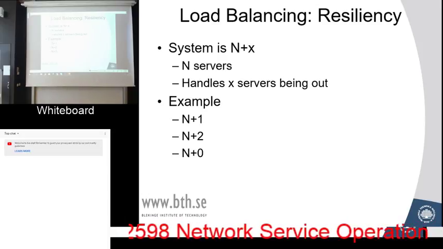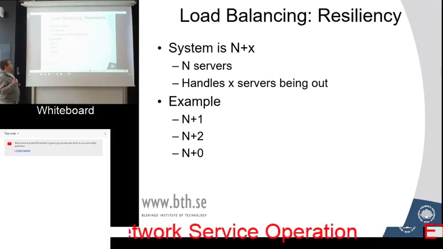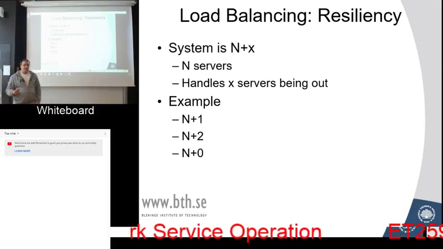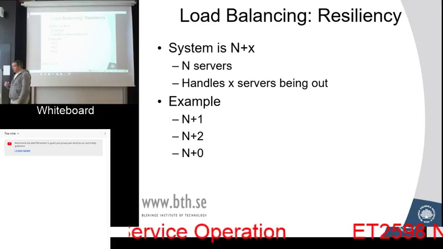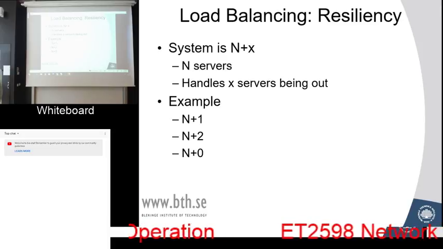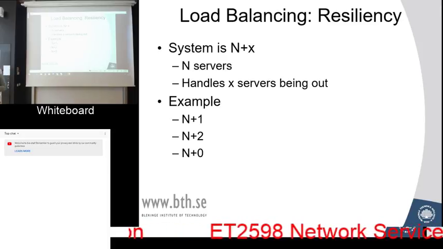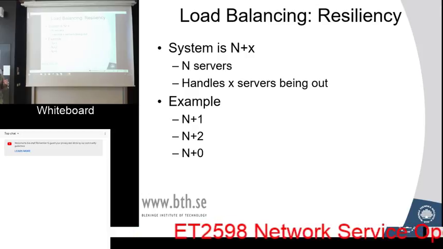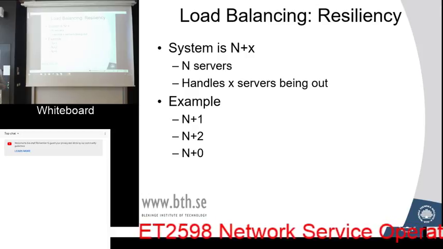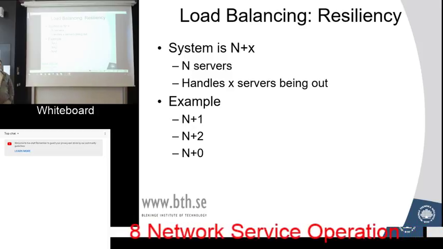There are a couple of naming concepts when it comes to resiliency. If you say a system is n plus x, that means that there are n servers, and the x indicates how many servers can be disabled or failing, and the system is still able to cope. Or, correction, it is still operating.